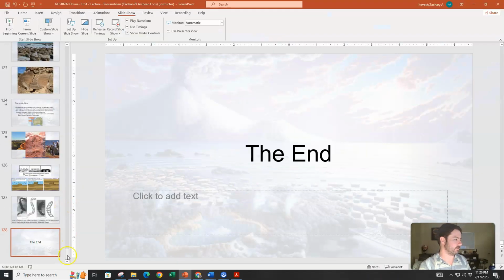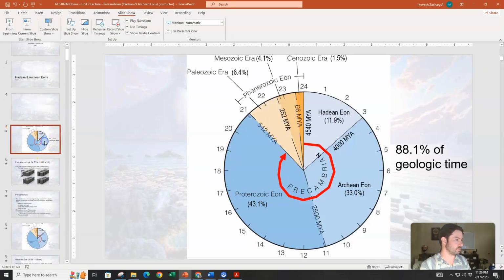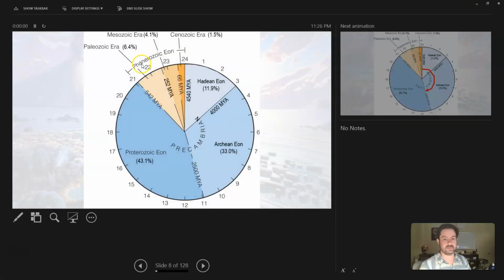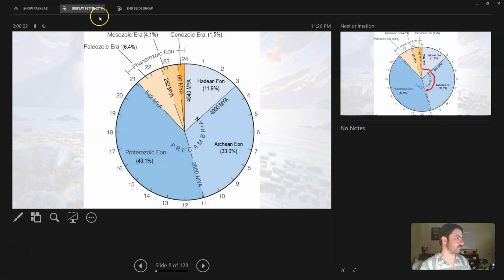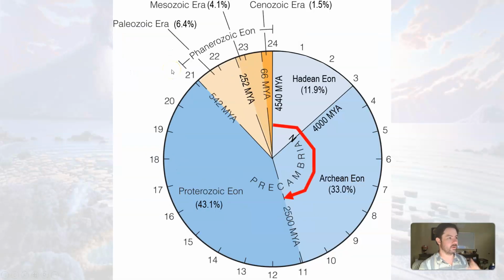In fact, let me go back to that real quick. Here we were. So that's what we covered. In Unit 8, we're going to cover about another 2 billion years, the Proterozoic eon. A lot more going on, a lot more evidence as well. But that's what we'll go in Unit 8.